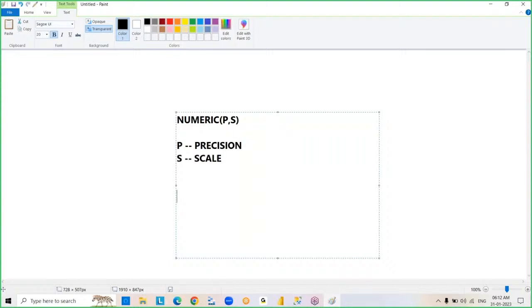So what is precision and scale? We'll go for an example. Suppose I'm giving numeric of 5 comma 2. So 5 is precision, 2 is scale.